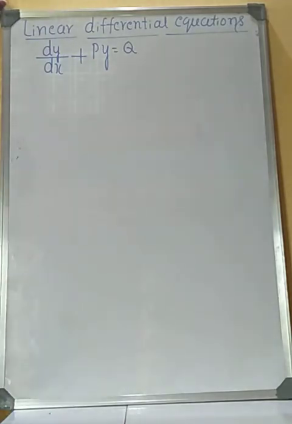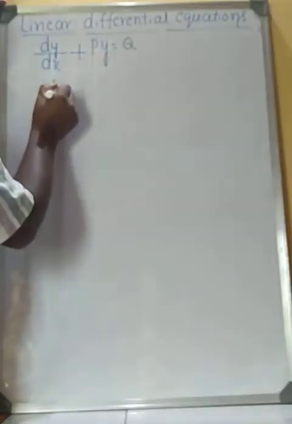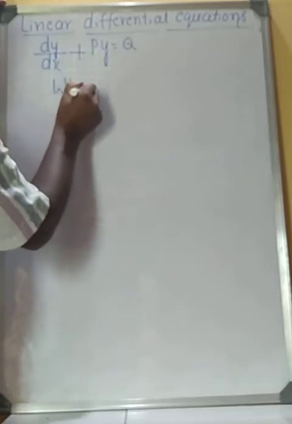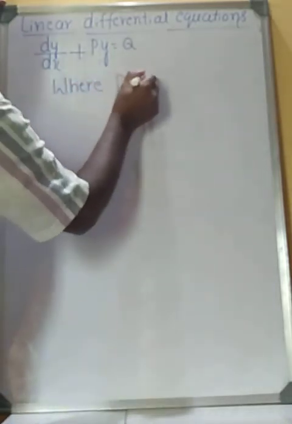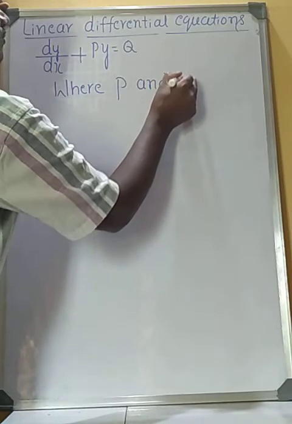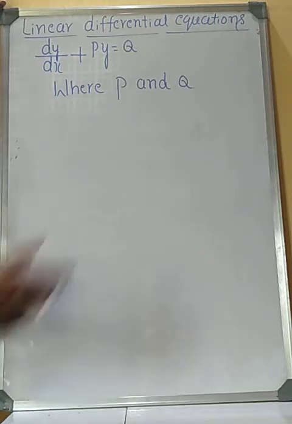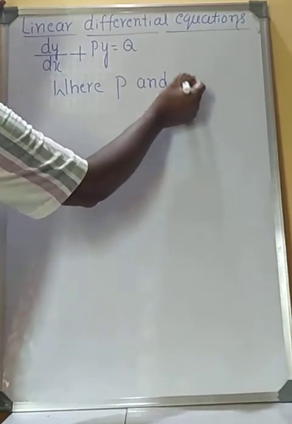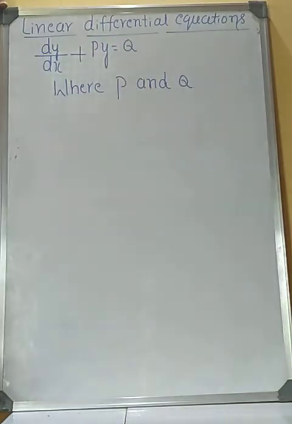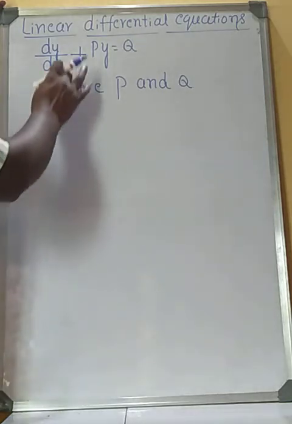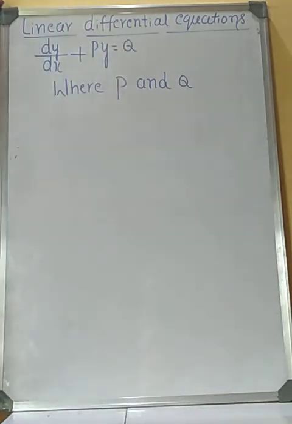This is a linear differential equation of the form, where p and q are constants or functions of x only, and it is known as a first order linear differential equation.